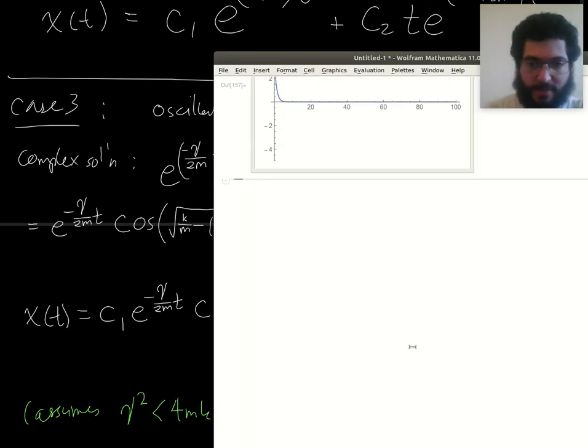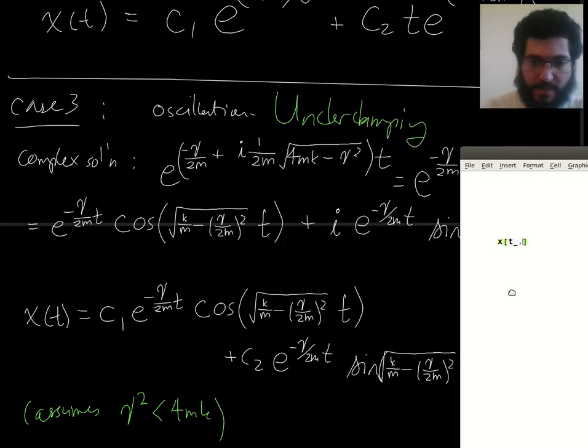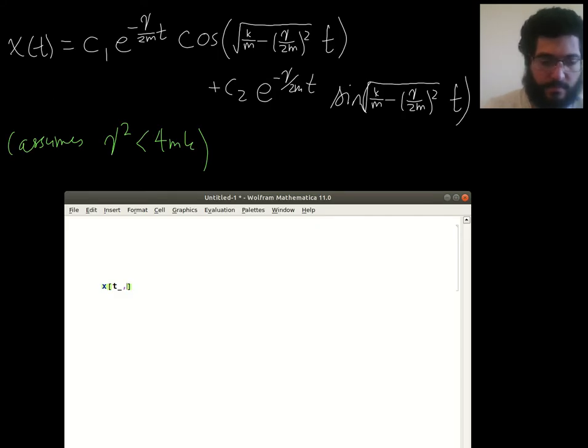Okay, now let me try to write some better plotting code than I did last time. So let's basically write down this thing here. I'm going to make it depend on not just t, but also c1, c2, just so I can have an easy way to refer to this expression as a whole in its dependence on not only t, but also c1, c2, and gamma. And I'm going to keep m at 1 and k at 1.